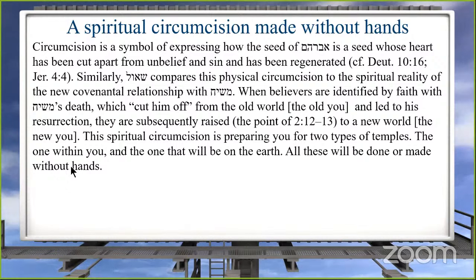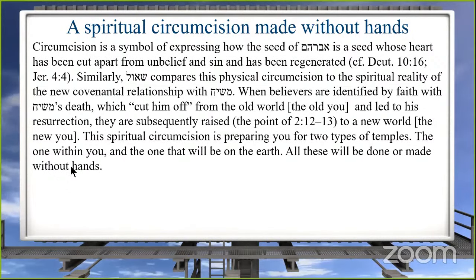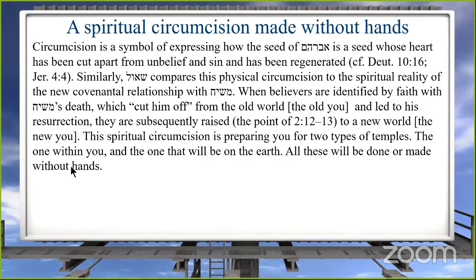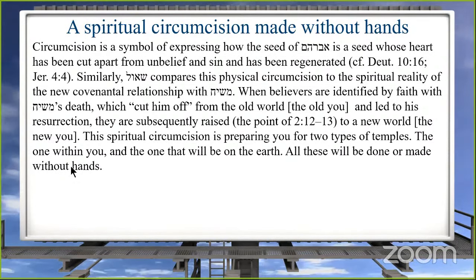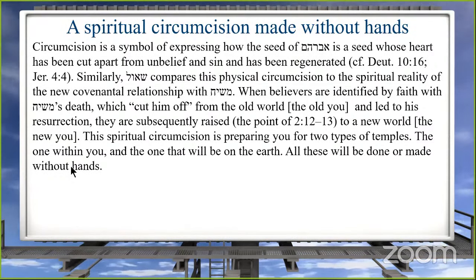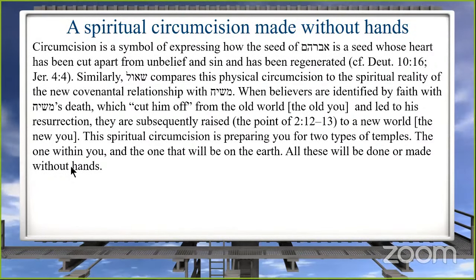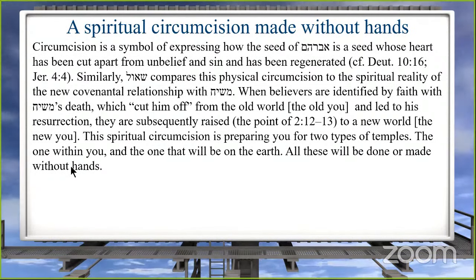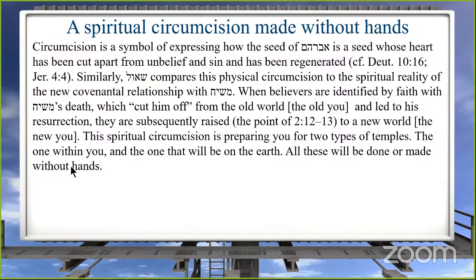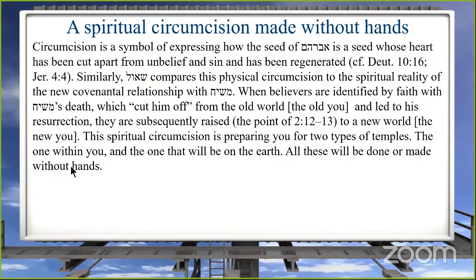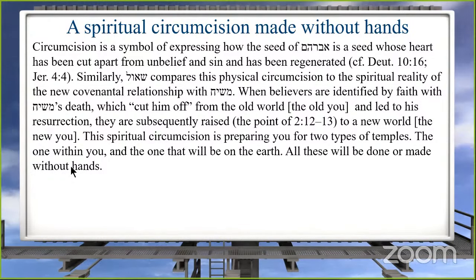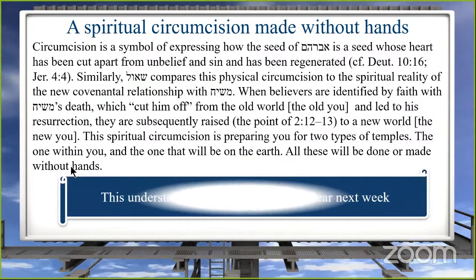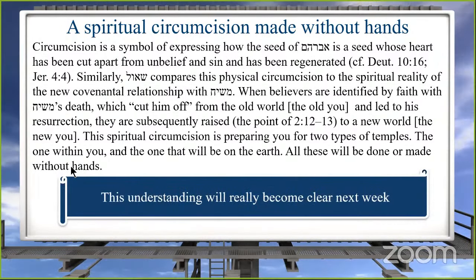When believers are identified by faith with Mashiach or his death, which cuts them off from the old world or the old you, the old Adam, and leads to his resurrection, they are subsequently raised to the new world or the new you. This spiritual circumcision is preparing you for two types of temples, okay? The one within you and the one that will be on the earth, and all these will be done or made without hands. So again, we talk about that next week.